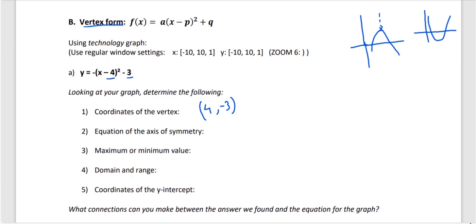The point contains the axis of symmetry and the maximum or minimum point. So the vertex of this graph means the coordinates of this point.